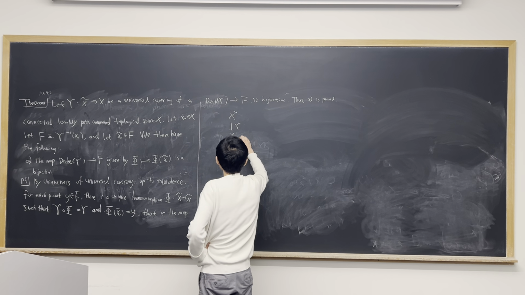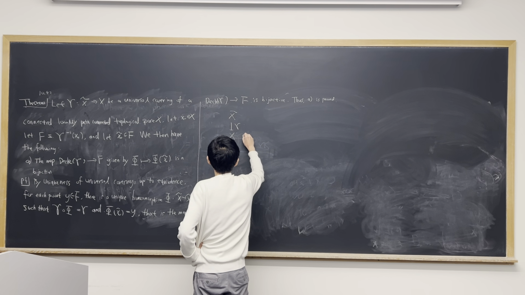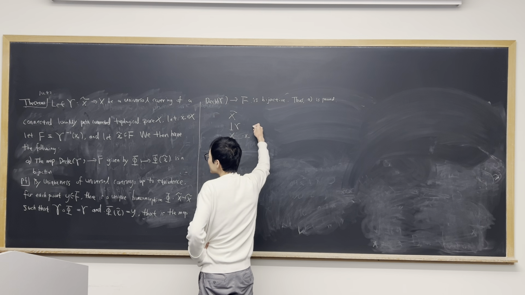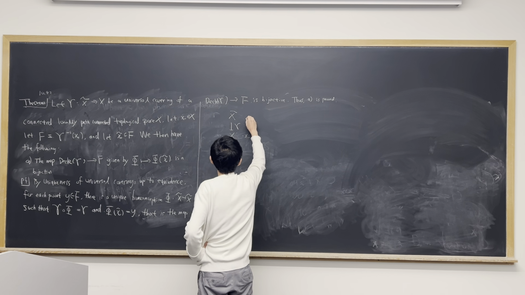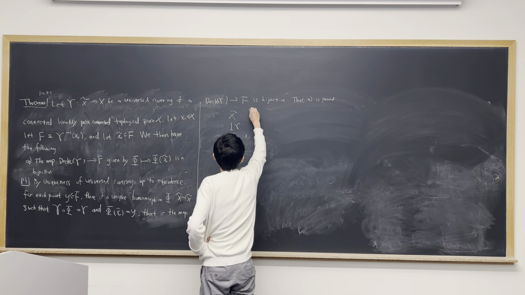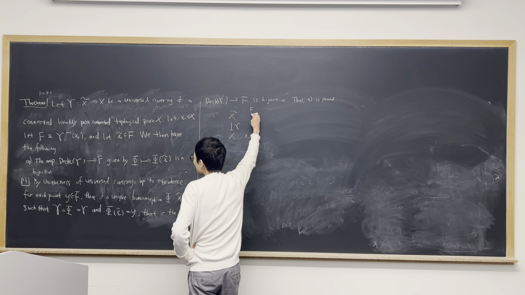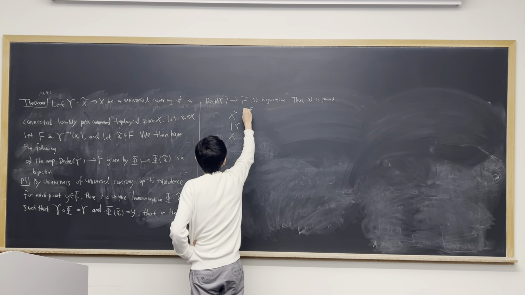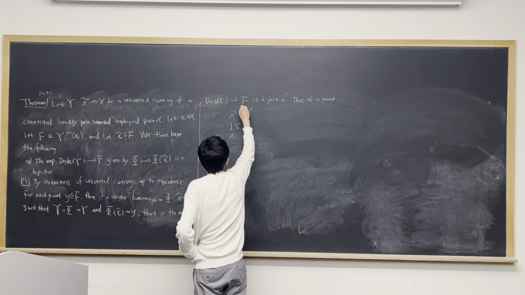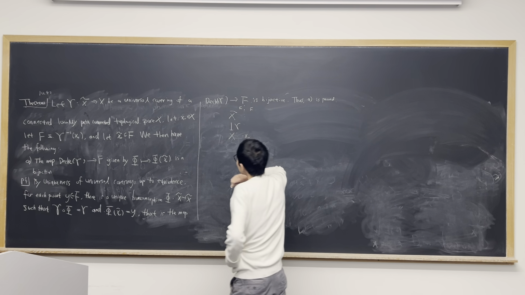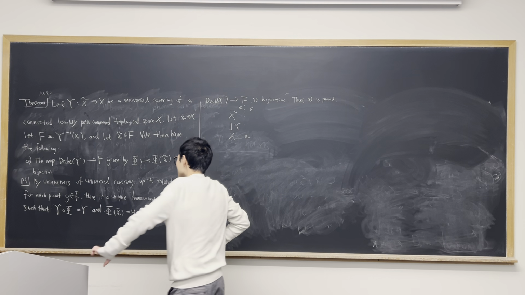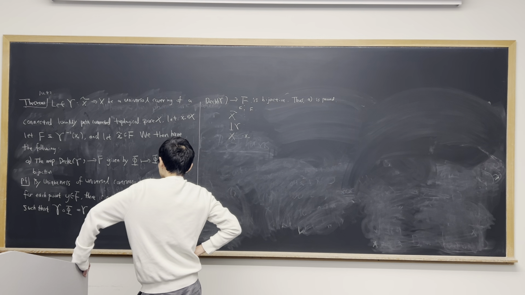And then you have the base point, let's say x naught, somewhere here, and then you have this f, and then you pick one element, let's say x naught tilde, okay? And then let's see what you're going to do.